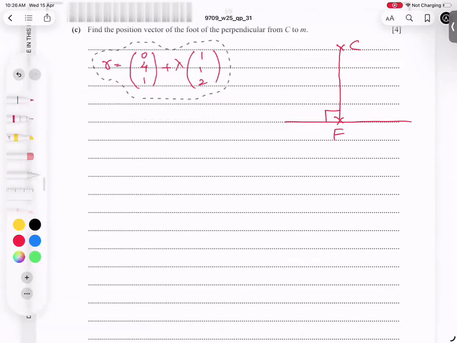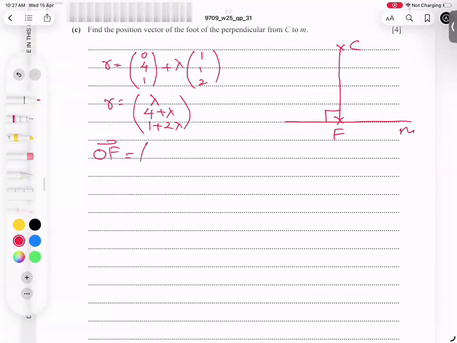There's a line. When converted to standard form, I get 0 plus lambda, I'm writing lambda directly, no problem at all, and 4 plus lambda and 1 plus 2 lambda. Basically, when I convert to standard form, it represents million trillion points lying on line M. So I can say this also represents F coordinates: lambda, 4 plus lambda, and 1 plus 2 lambda.